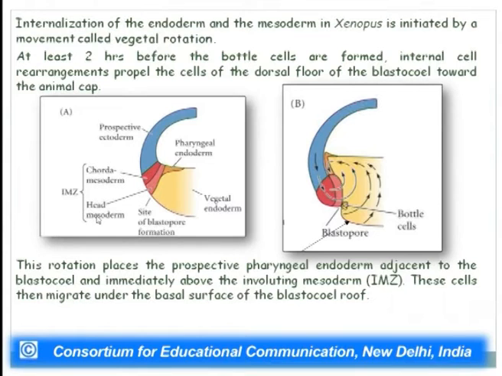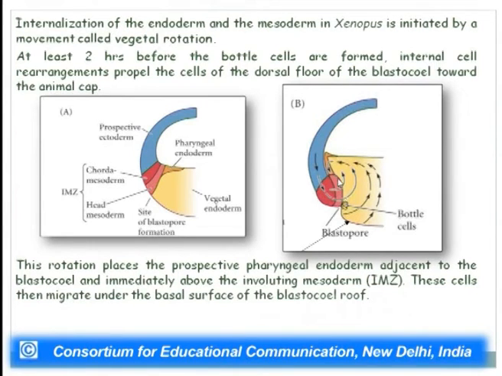So the chordamesoderm and head mesoderm was not lying above and in front of it, it was lying on a side of it, but because of this vegetal rotation, it pushes this pharyngeal endoderm and now it is lying in front of or on top of this involuting marginal zone.